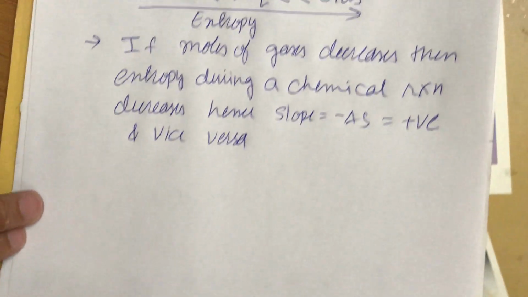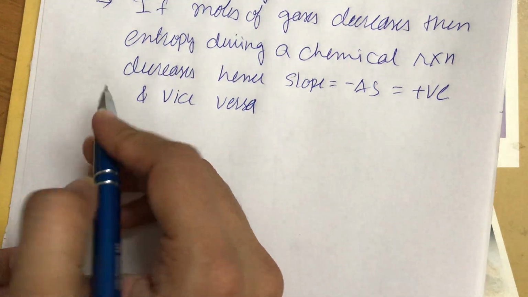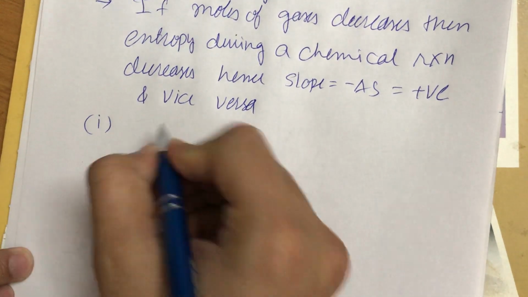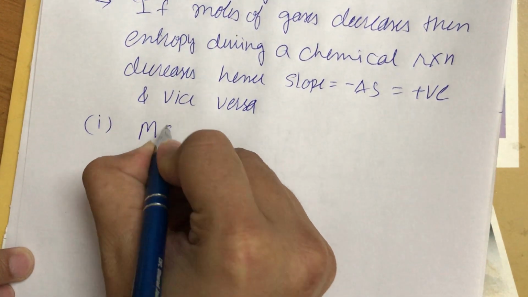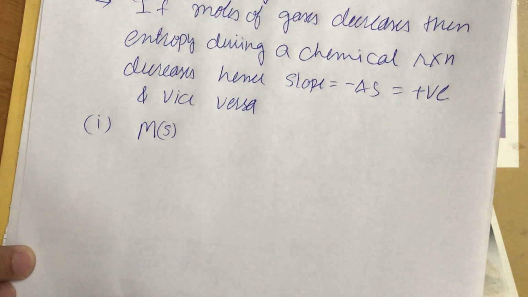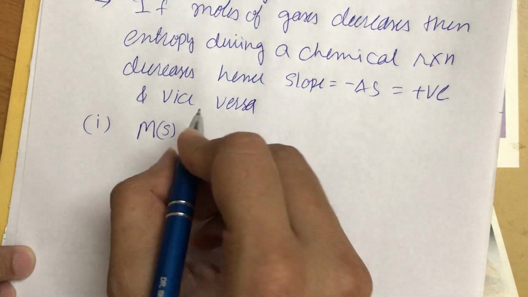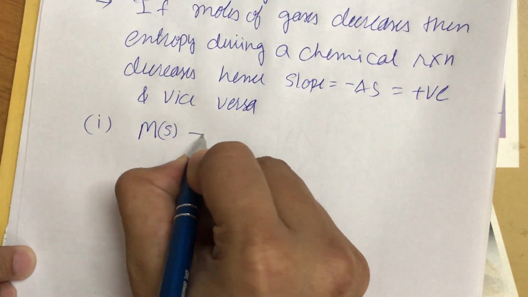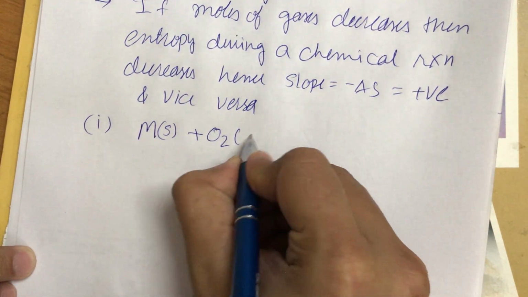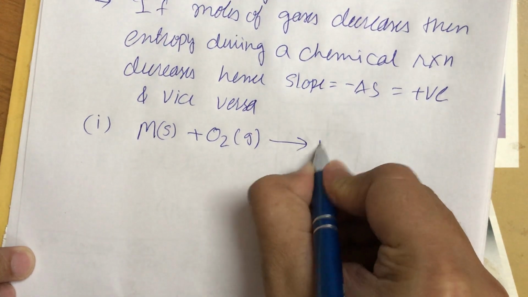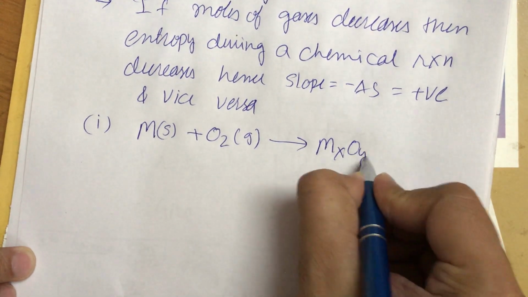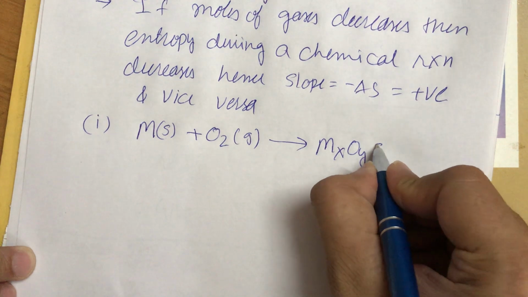Now we need to observe these three reactions. First, generally a metal exists in solid form. Very few metals like mercury and gallium can exist in liquid form also, but the maximum of metals exist in solid form. When they react with O2 in gaseous form, they form a metal oxide, and the metal oxide is also in solid form.